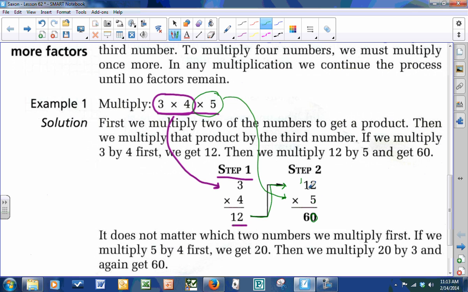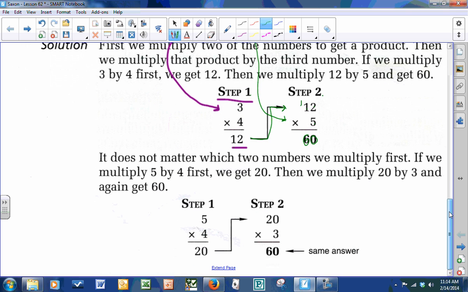Carry my 1. 1 times 5 is 5, plus 1 more is 6. So the answer to 3 times 4 times 5 gives us a product of 60. That's how you do it. It's step 1 and step 2. Don't try to do it all in your head right away until you really have your multiplication facts mastered.